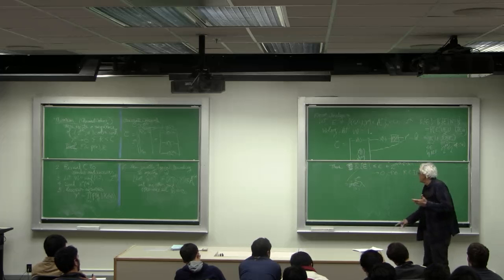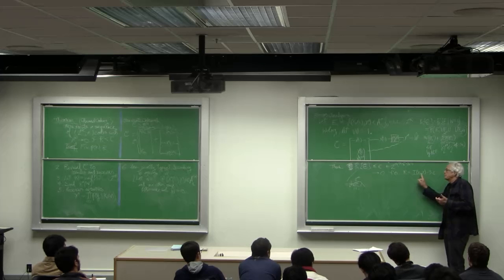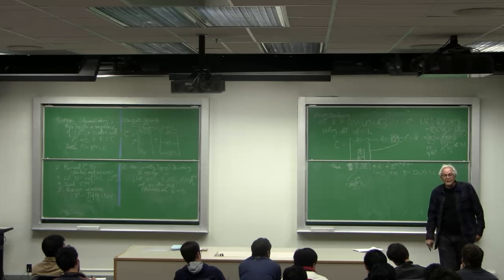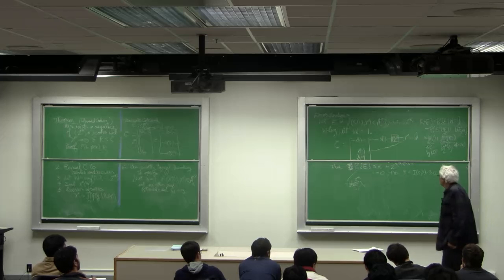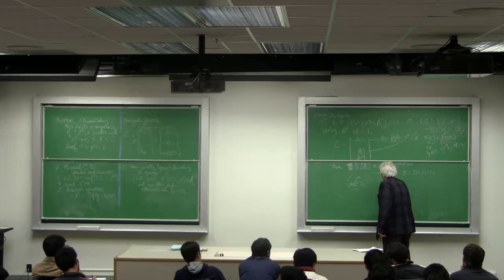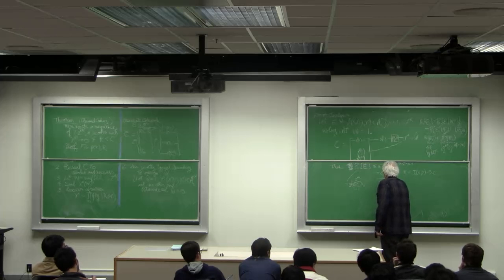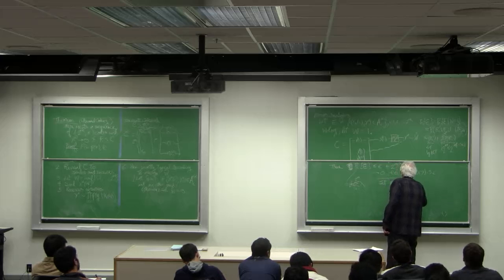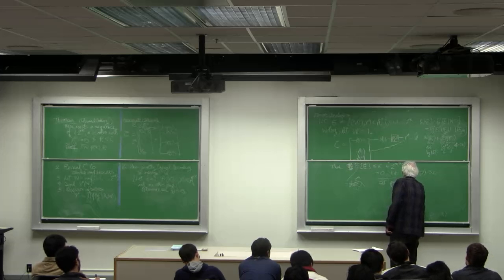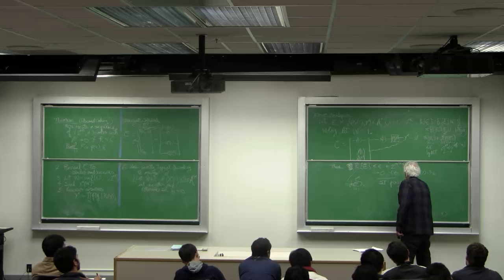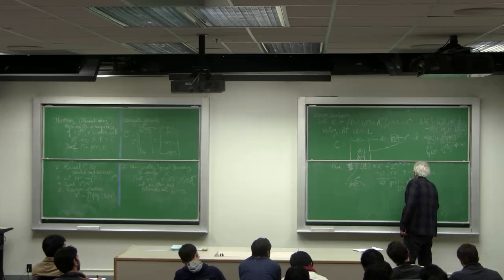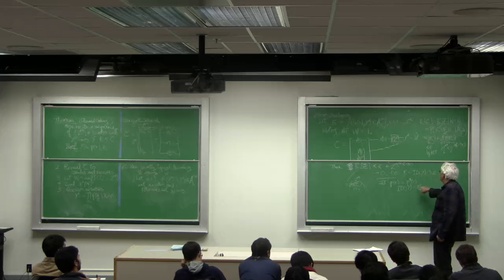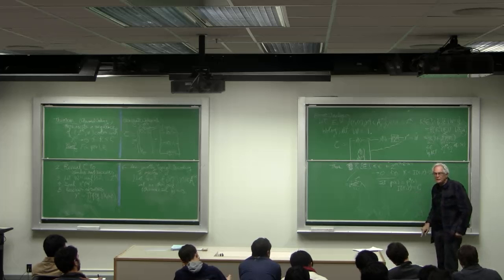We haven't quite finished it. We've said we can achieve any R less than I. Well, it would be crazy not to make I as large as possible. So, for next time, we'll set P of x equals P star of x and I of X;Y equals C. And now we can achieve any rate up to C.